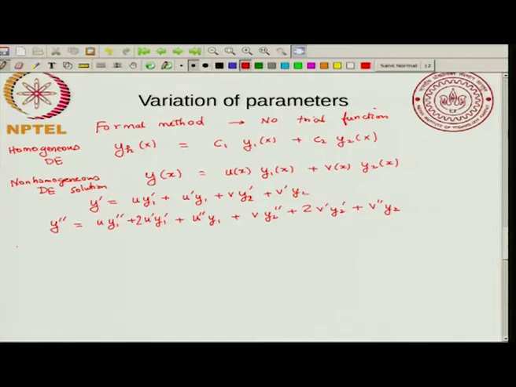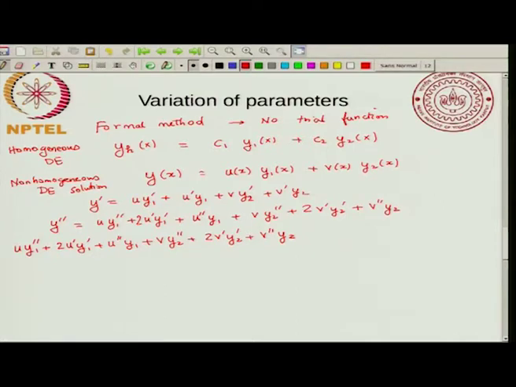When you substitute this in your non-homogeneous equation, instead of y double prime you have all these terms: u y1 double prime plus 2 u prime y1 prime plus u double prime y1 plus v y2 double prime plus 2 v prime y2 prime plus v double prime y2.